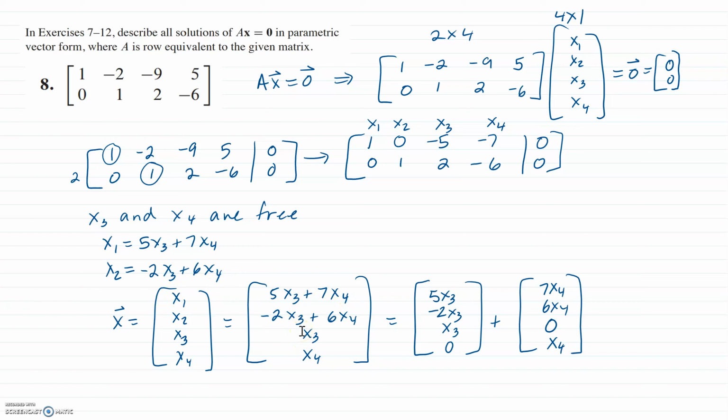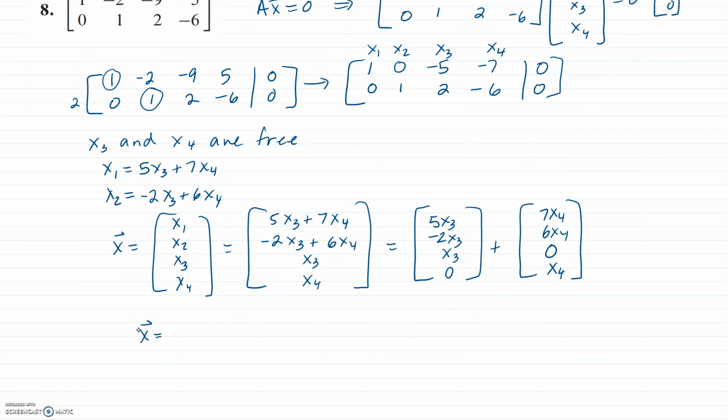So now I can factor out an x3 and an x4. So x is equal to x3 times 5, -2, 1, and 0. Then we have plus x4 times, factoring out x4, 7, 6, 0, and 1. There it is. It's spanned by these two vectors. Now these are in fourth dimension, harder to graph, but still that's what that is.